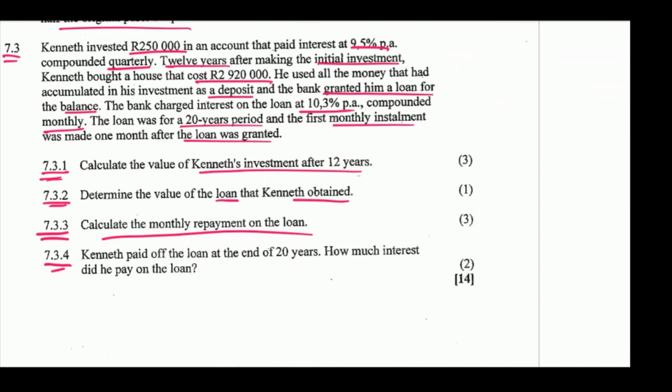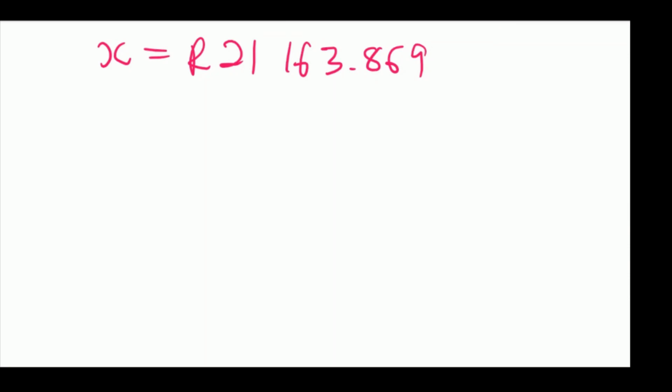7.3.4, Kenneth paid off the loan at the end of 20 years. How much interest did he pay on the loan? So remember that the monthly installment of the loan was 21,163.869. So let's first find how much he will pay for the entire 20 years.